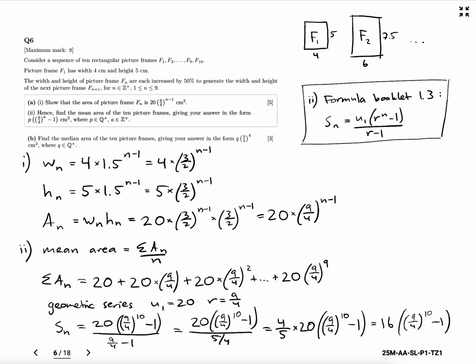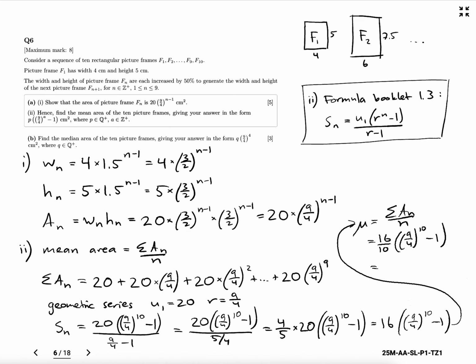Okay, so now we have the sum of the areas, but we needed to divide it by n as well. So let's move up here. The mean area, let's call it mu, is the sum divided by n, and n was 10. So this is going to be equal to 16 over 10 times 9 over 4 to the power of 10 minus 1.